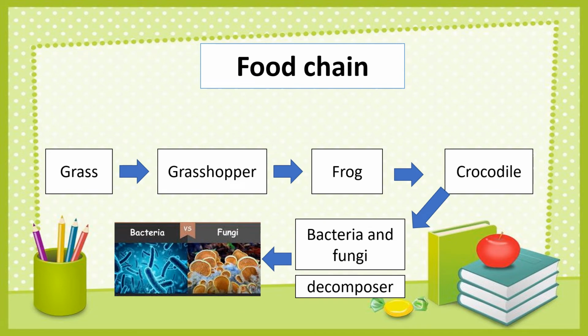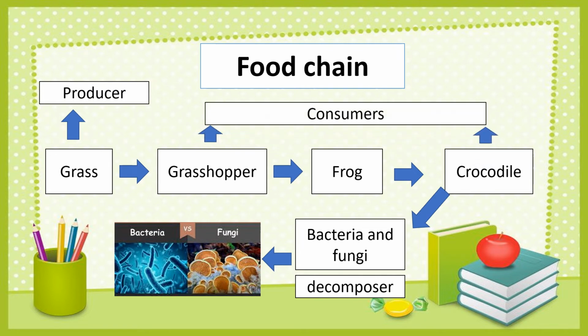Okay? Why are bacteria and fungi considered decomposers? Because they grow or they live on the dead body of the crocodile. Okay, they're going to break down the body of a dead animal. So grass here is our producer, and grasshopper, frog, and crocodile, those are consumers.